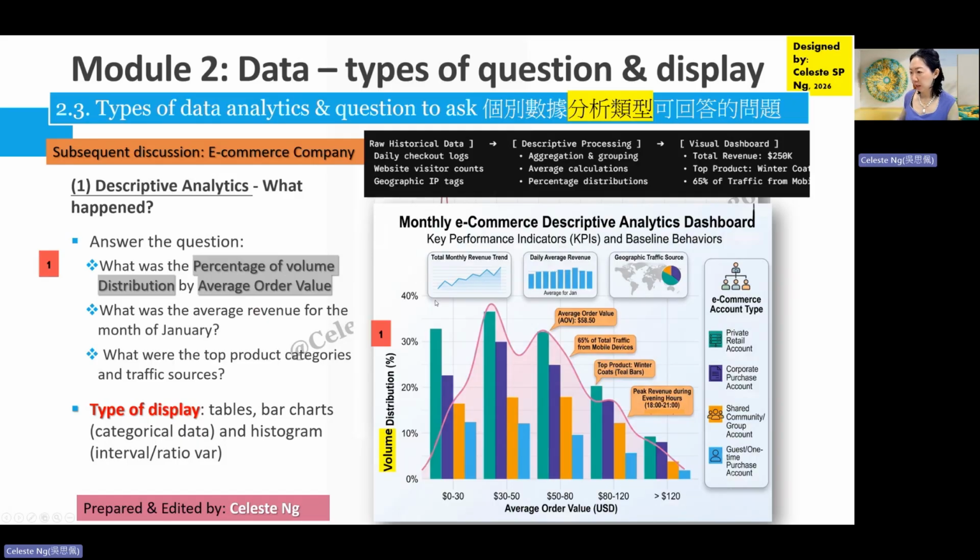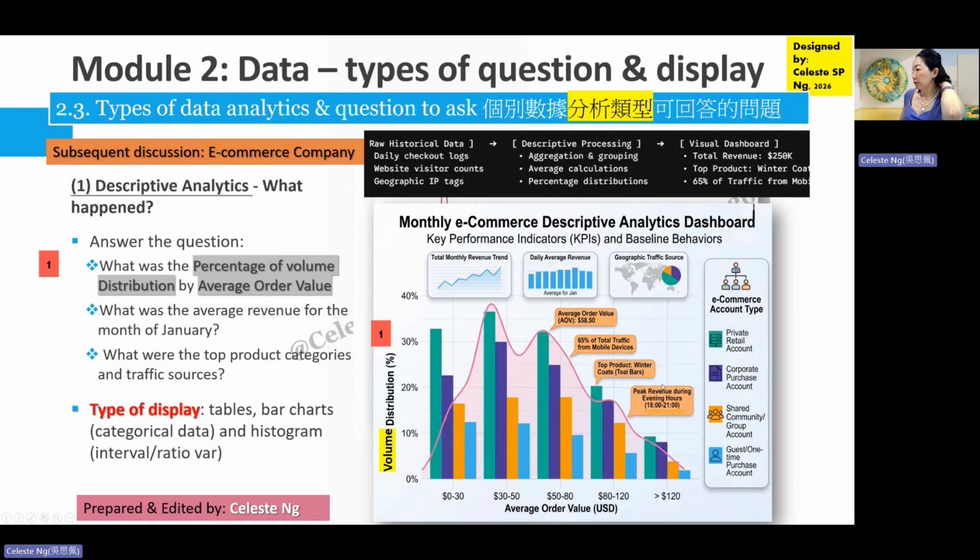In order to answer this question, we have drawn a bar chart like this. The y-axis captures the volume distribution, and the x-axis captures the average order value.